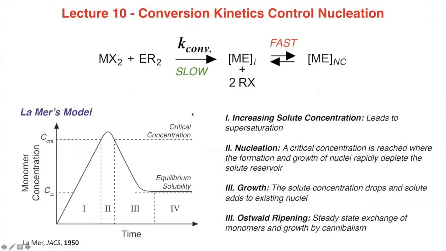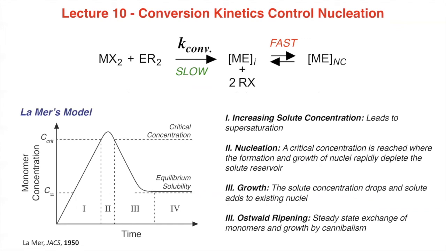So this type of an arrangement leads to a situation like the one shown on the left, and this is a very famous plot that's attributed to Victor Lemaire, another faculty member from Columbia's chemistry department years ago. And so he was studying the formation of sulfur particles, colloidal sulfur with narrow size distribution.